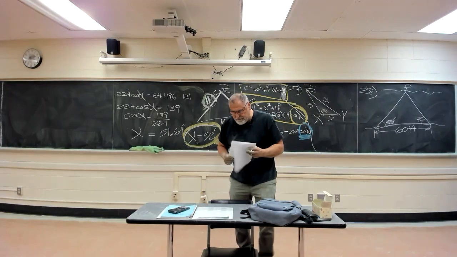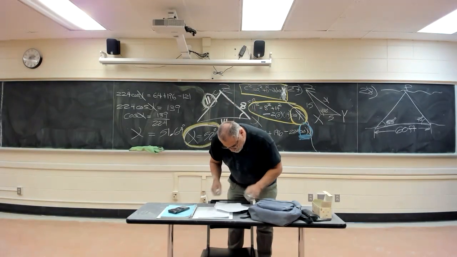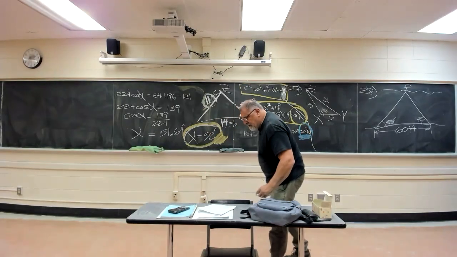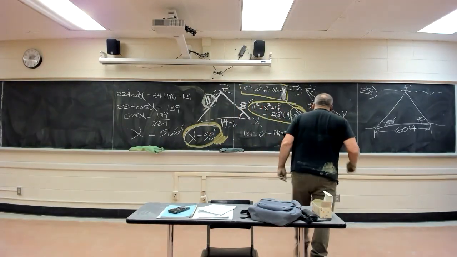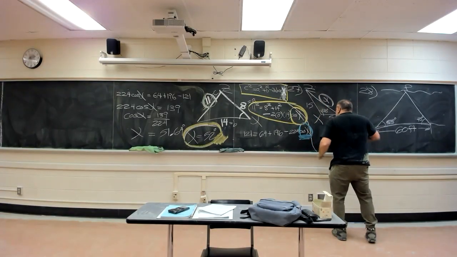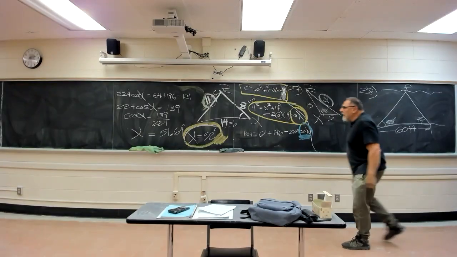27 and 28. Find side X when they give you everything. Find this guy. Well, that's again going to be the law of cosines to knock this thing out. Okay?